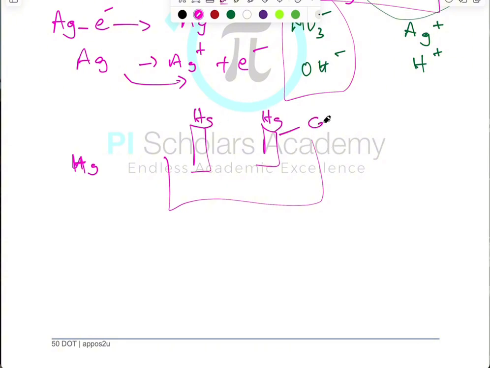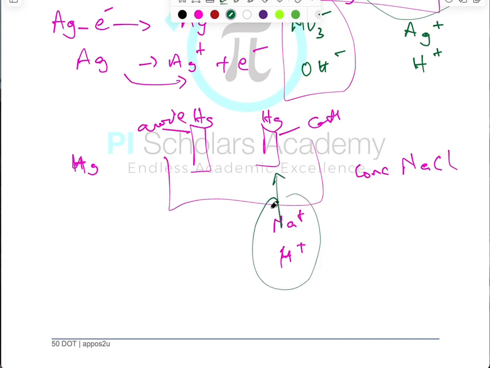If this is the cathode and this is the anode, when you use mercury as the cathode and you are doing the electrolysis of concentrated NaCl, normally Na plus and H plus will go to the cathode, and OH minus and Cl minus will go to the anode instead.